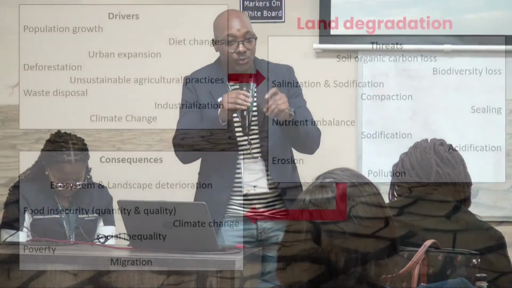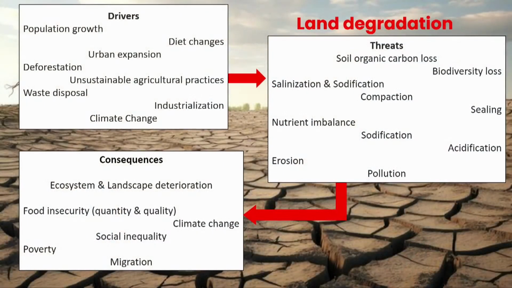And also the expansion of urbanization, where we see that everyone wants to go and live in towns. Then we are reducing the productive land for our houses. And also deforestation, where we see a lot of people cutting the trees and leaving the area bare. And also the unsustainable agricultural practices.